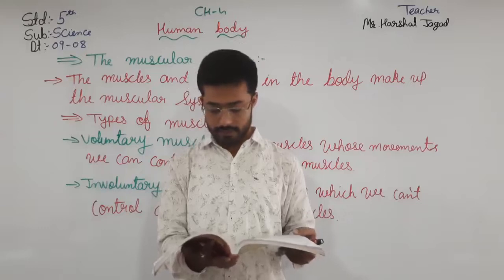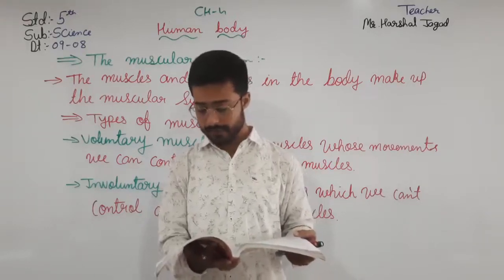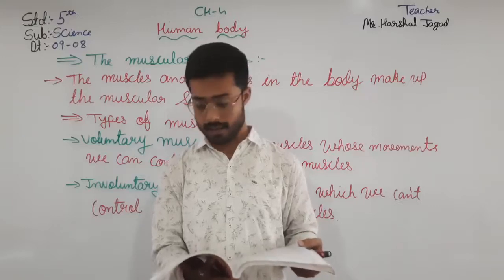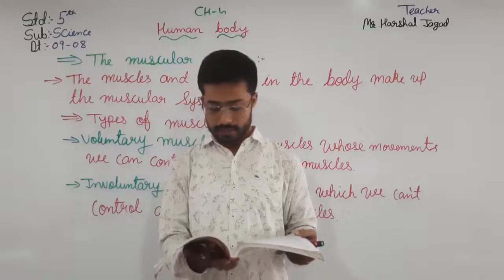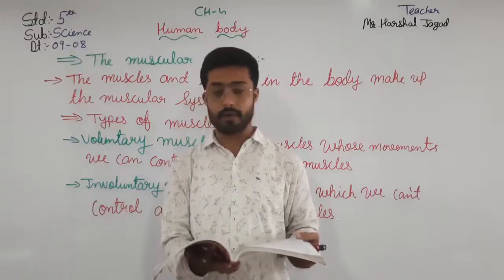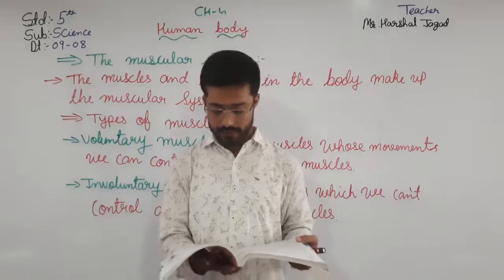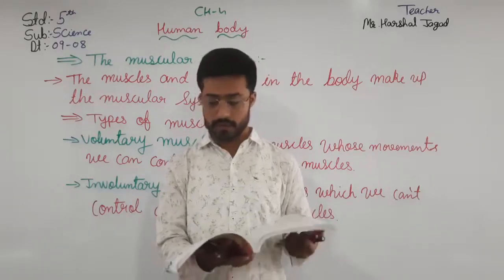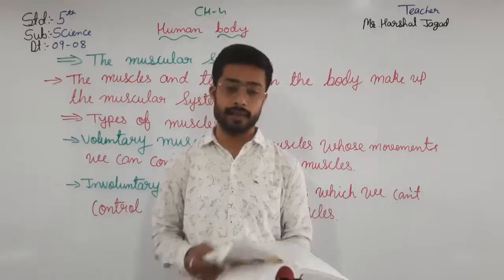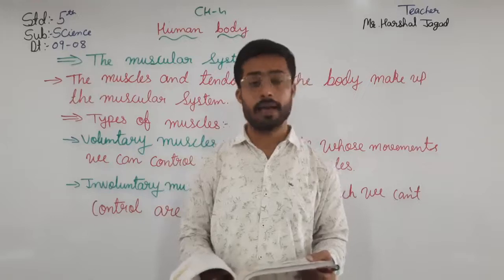They continue to move even when we are asleep, such as the muscles of heart, lungs, kidney, and food canal. They continue to expand and contract without our control. Exercise always tones the muscles and makes them stronger. Walking, jogging, and swimming are all good exercise.